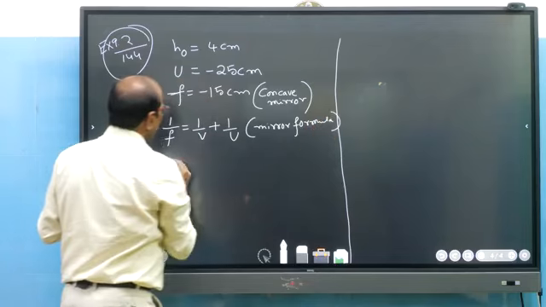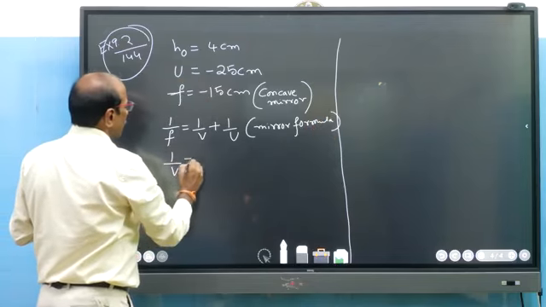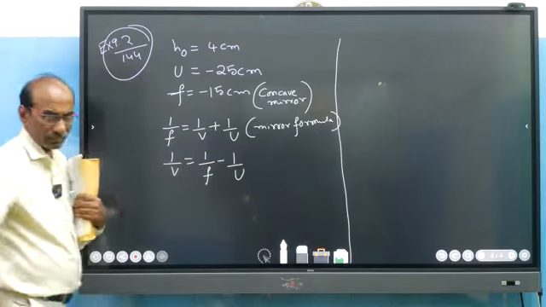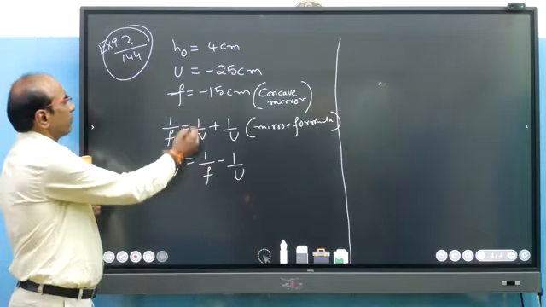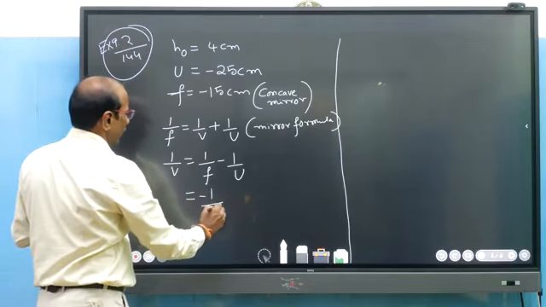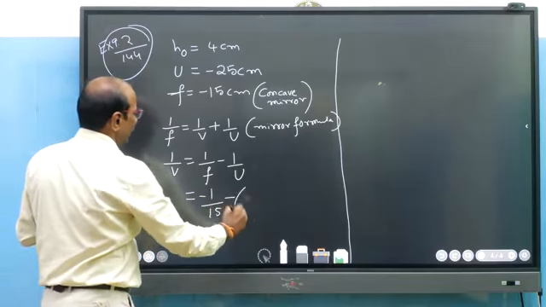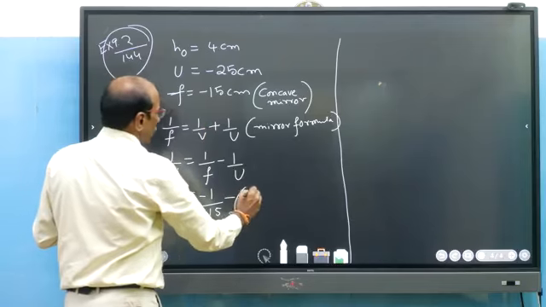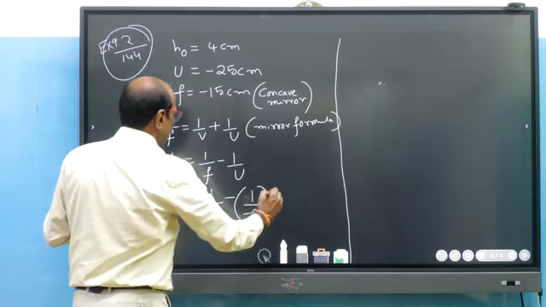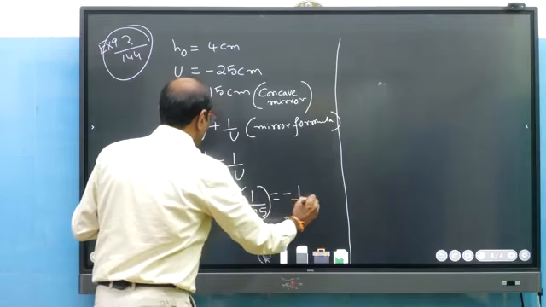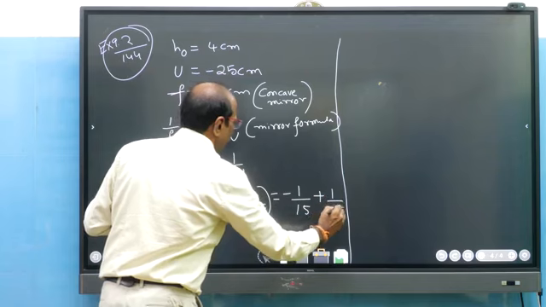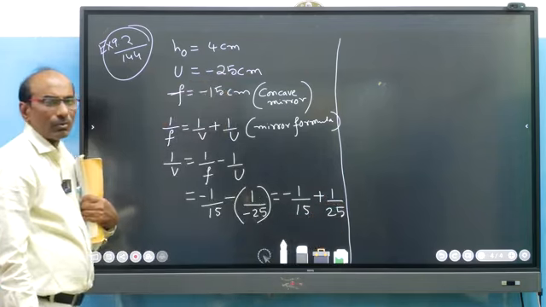So 1 by v equals 1 by f minus 1 by u. Focal length is minus 15, so minus 1 by 15 minus 1 by minus 25, that equals minus 1 by 15 plus 1 by 25.